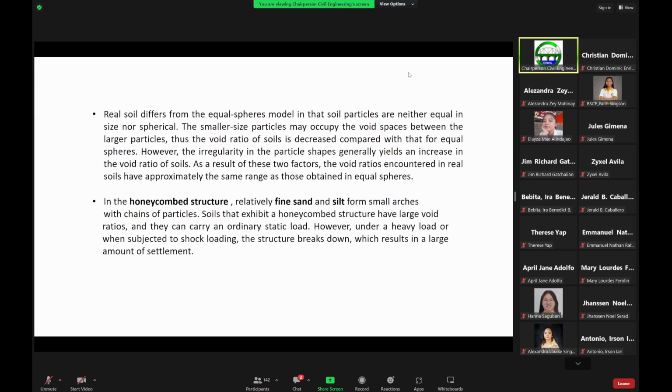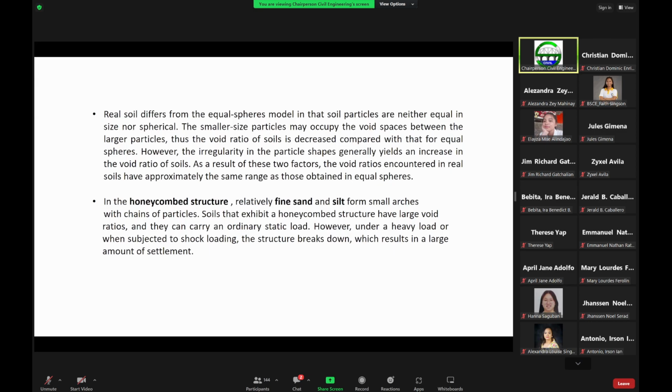Now, soils that exhibit a honeycomb structure have large void ratios, and they can carry an ordinary static load. However, under a heavy load or when subjected to shock loading, the structure would break down, which results in a large amount of settlement.